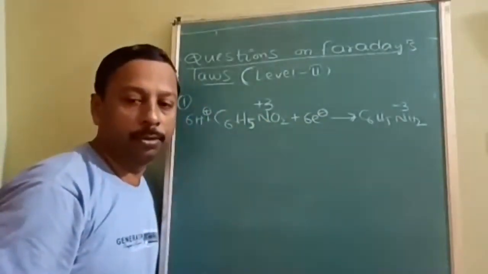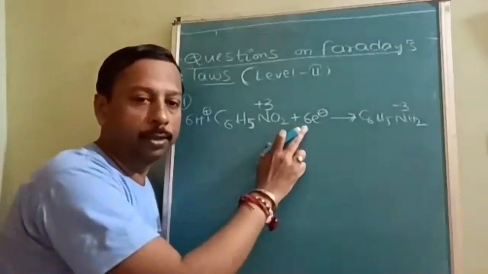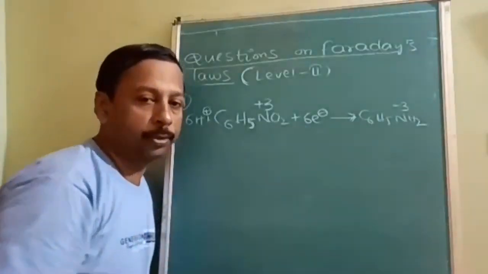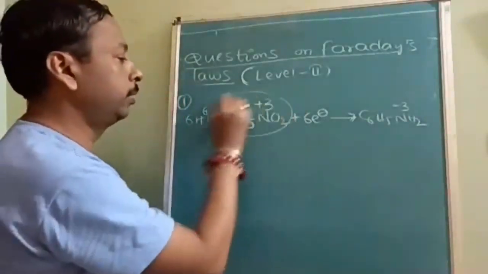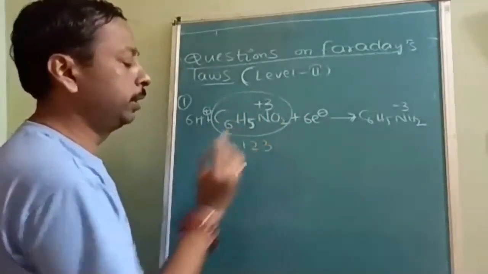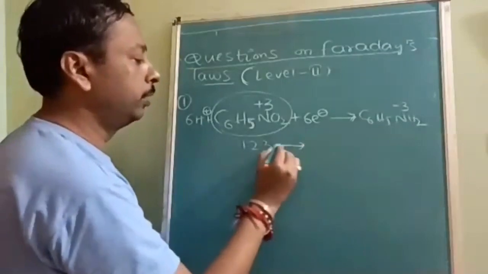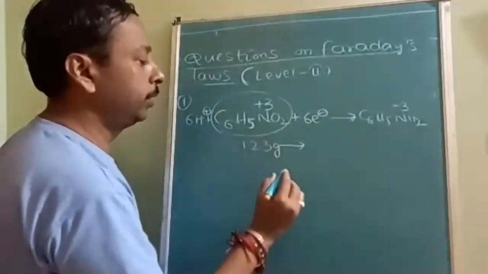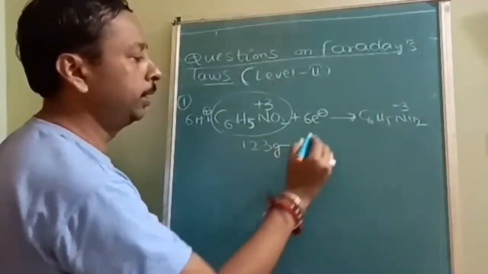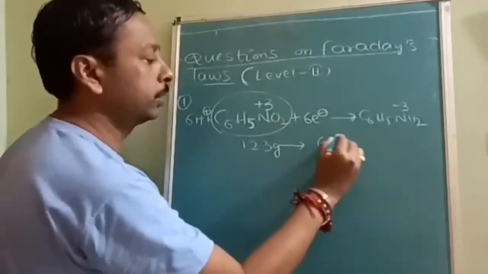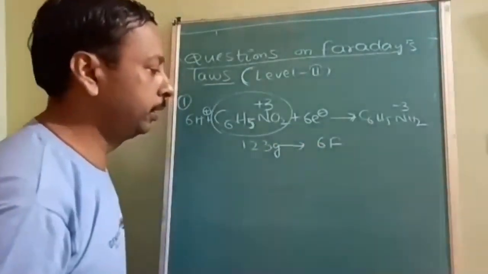So reduction, therefore electrons are written on the left side. Now if we calculate the molecular mass, it is 123. So for 123 grams of nitrobenzene, I require 6 Faraday.